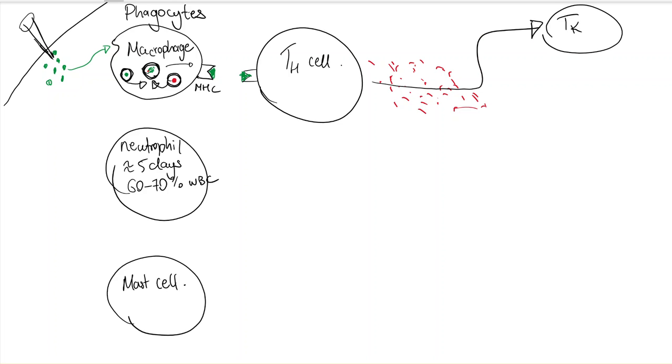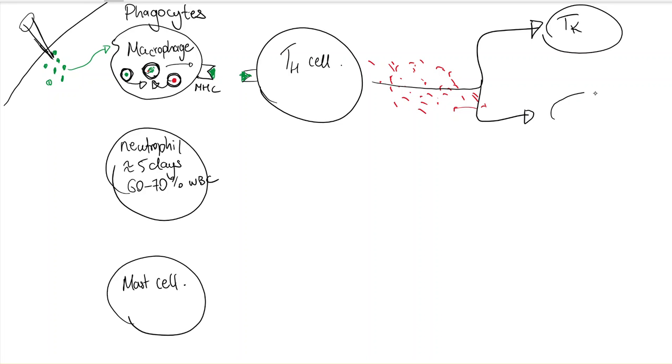Now T killer cell or cytotoxic T cells have one job. They are going to kill infected cells. So if there's an infected cell, maybe by a virus or bacteria, yeah, what this T killer cell is going to do is going to ask this cell to commit suicide. Programmed cell death, apoptosis. It's going to die. That's all the job of your cytotoxic T cell.